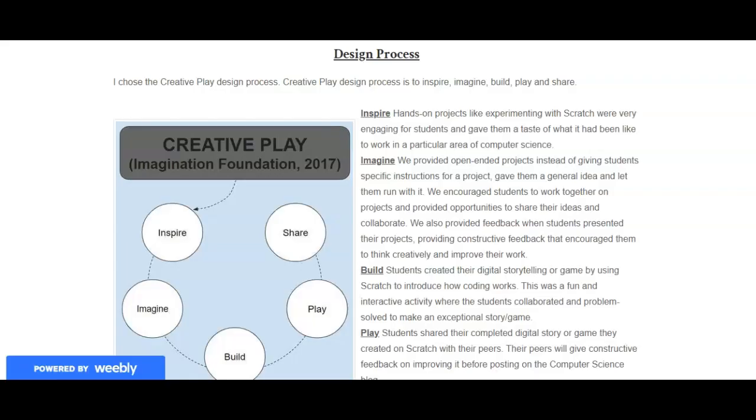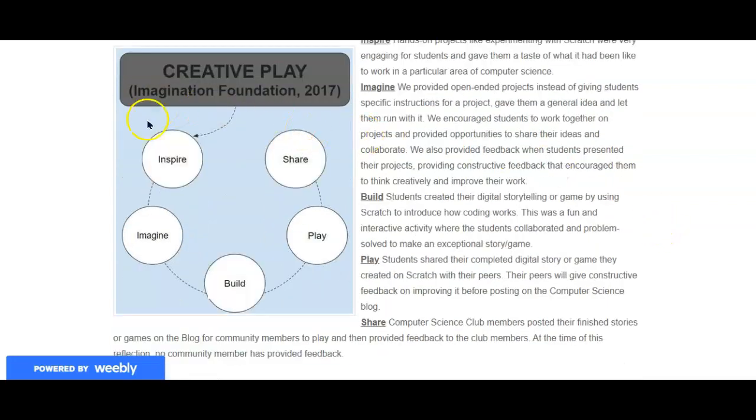For the newly founded Computer Science Club in Paulding County for grades 8 through 12, we followed the creative play design process as a way to introduce coding to students in a fun and interactive way, where we followed each step of inspire, imagine, build, play, and share to help students get the inspiration that they need to find creative ways of designing their digital storytelling through Scratch.